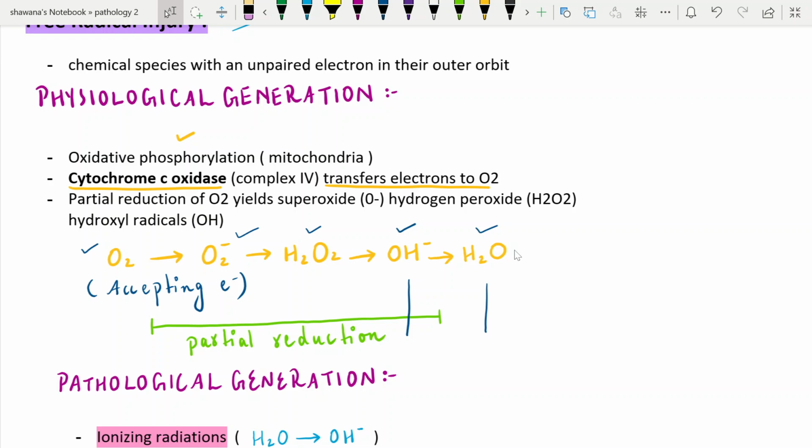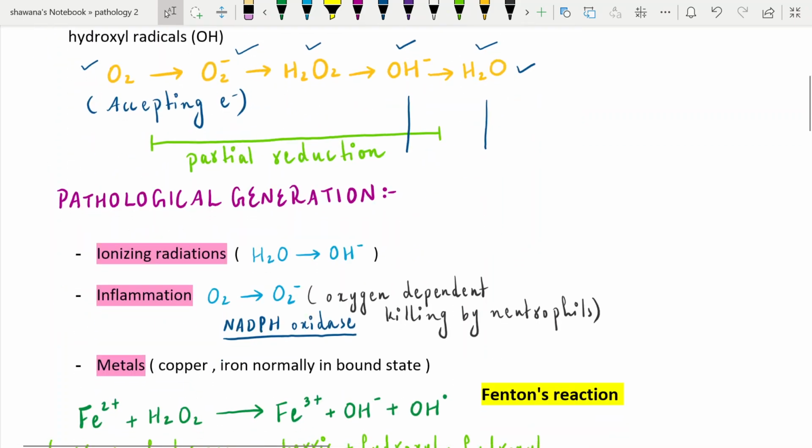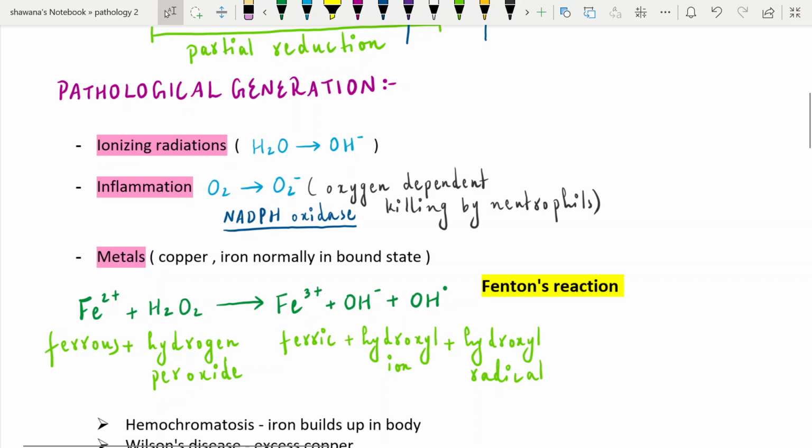Oxygen is completely reduced to water, but when partially reduced, it yields superoxide, hydrogen peroxide, and hydroxyl radicals along the way. This was physiological generation, but what about pathological generation?